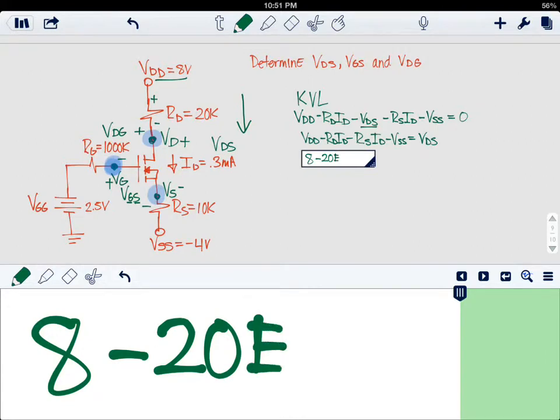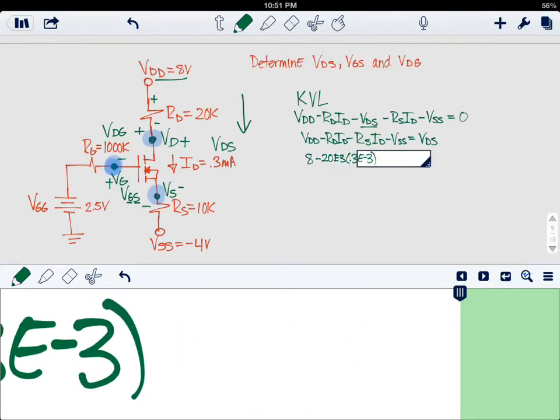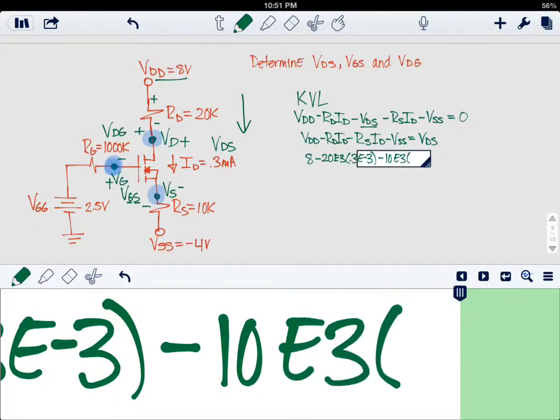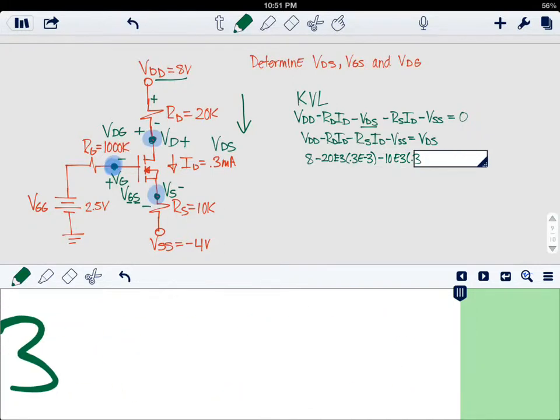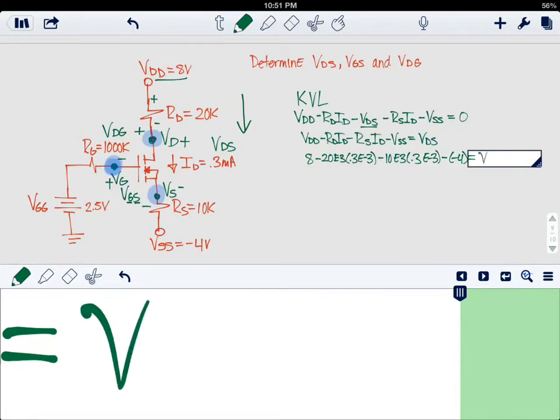Scientific notation. Times 0.3 milli. Minus 10 kilo times 0.3 milli minus 4 equals VDS.